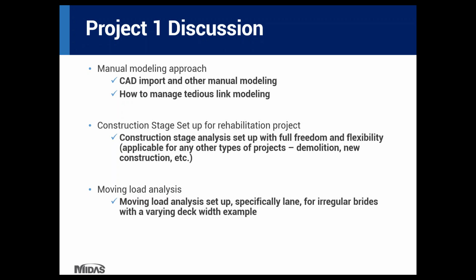But the approach that I'll be showing today is importing the CAD file, either MicroStation or AutoCAD, and then modeling portion. The construction stage setup for the rehab project. Basically how to set up rehab projects, and in connection to it, how to set up moving load analysis. That's for the ongoing different phases and the vehicles running in different directions and so on.